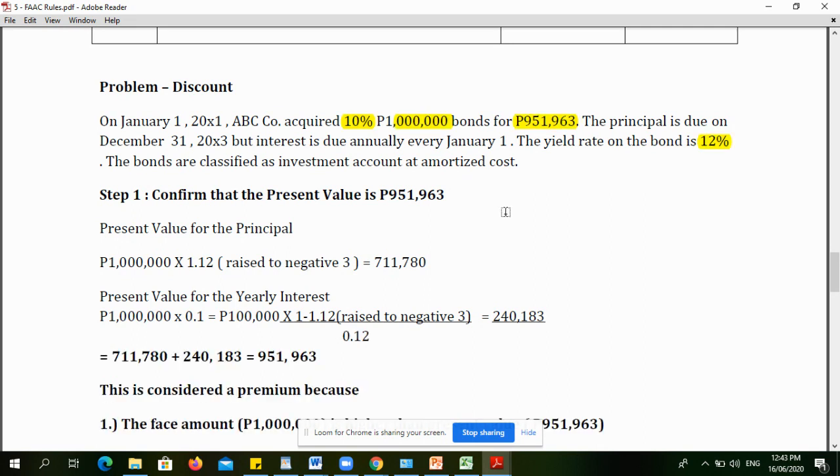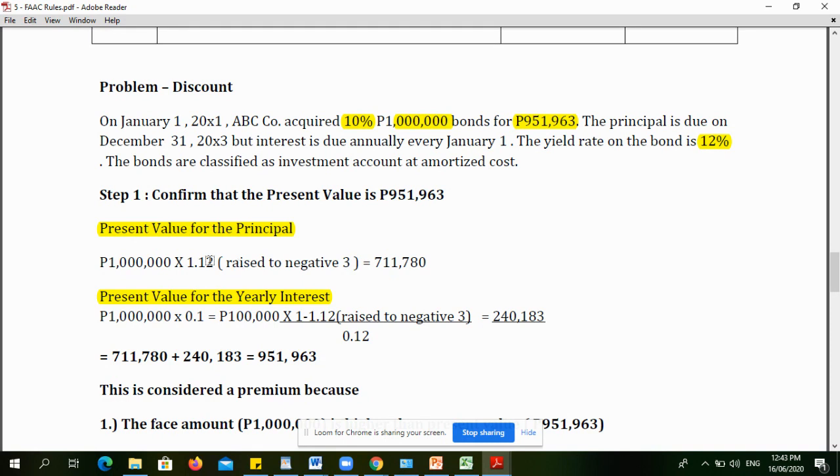So, what are we going to do again? We need to find the present value for the principal and the present value for the yearly interest received. Let's go first with the principal. 1 million times 1.12.